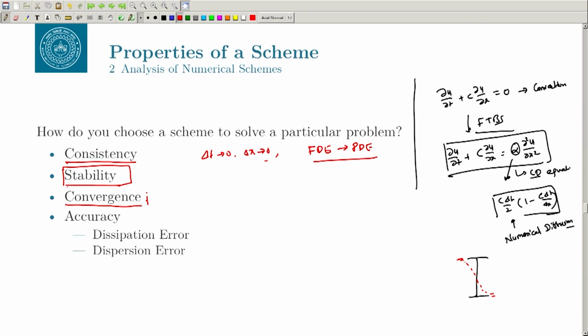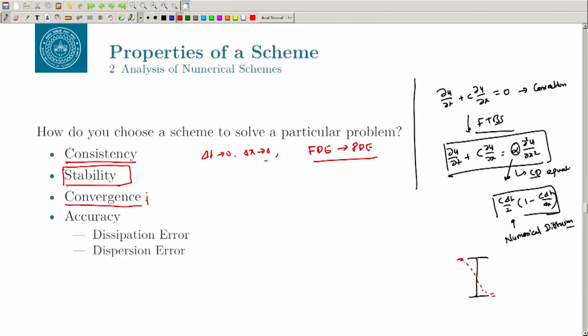If the difference between the two goes down with time, that means the solution is converging. A more formal definition, as we will provide later, is: as delta t goes to 0 and delta x goes to 0, your numerical solution is equal to the exact solution of your mathematical model, basically your PDE that you are trying to solve. So, that is convergence.